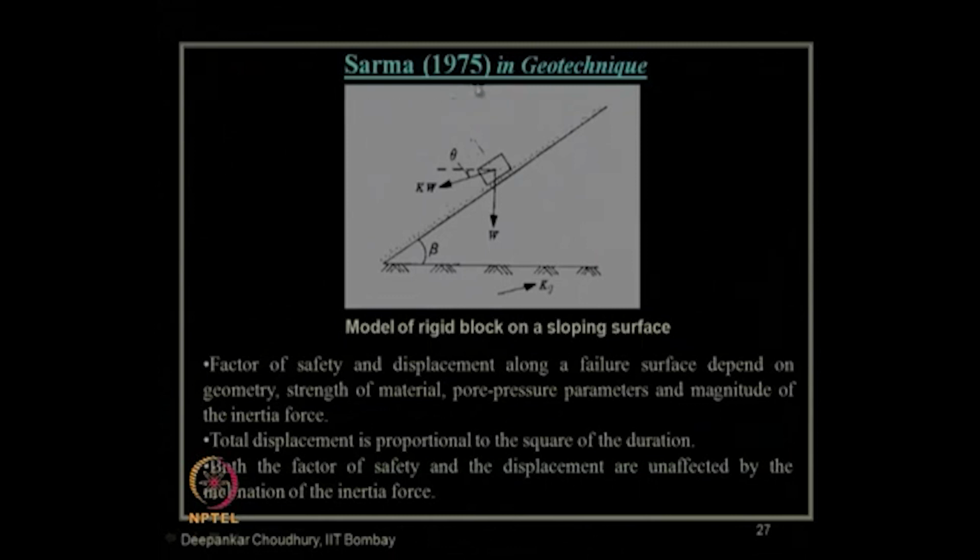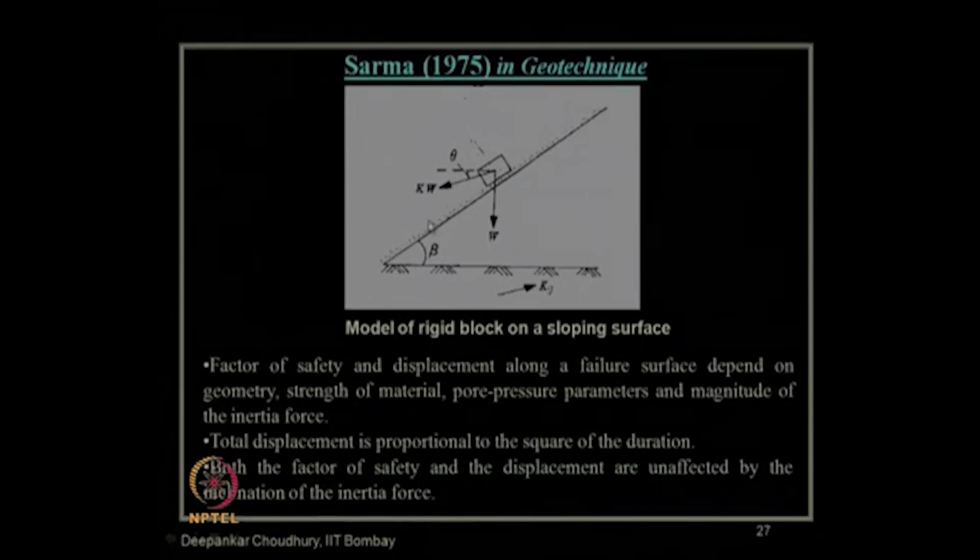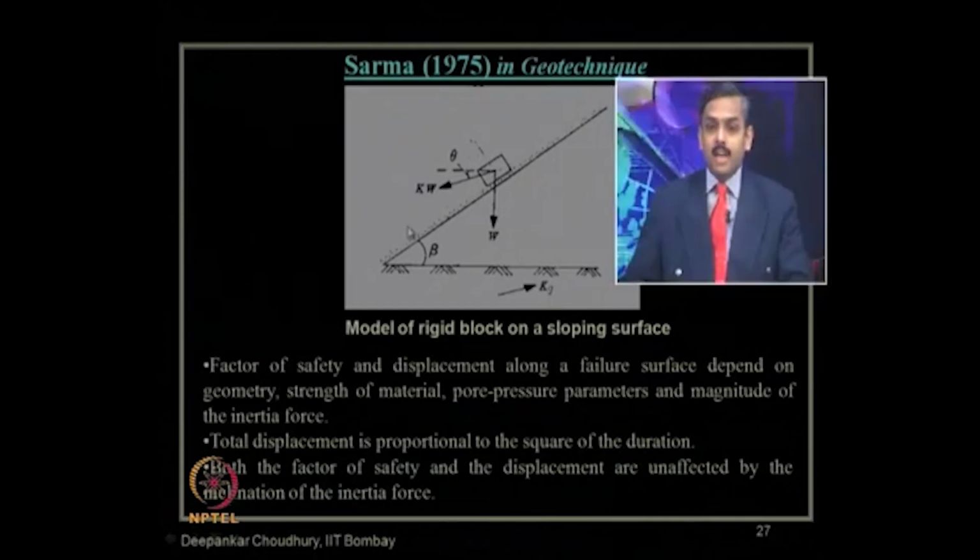Now, Sharma in 1975 proposed, or I should say extended, the Newmark sliding block model for a rigid block on a sloping surface like this, and he gave the solution using the pseudostatic approach. This solution is available in the journal paper in Geotechnique, published by ICE London.